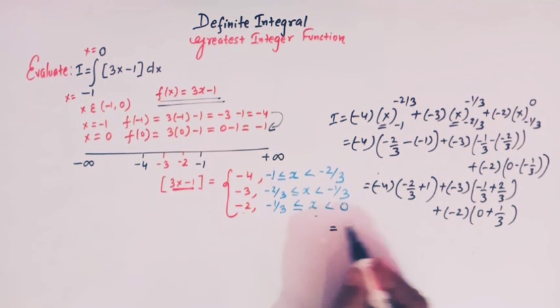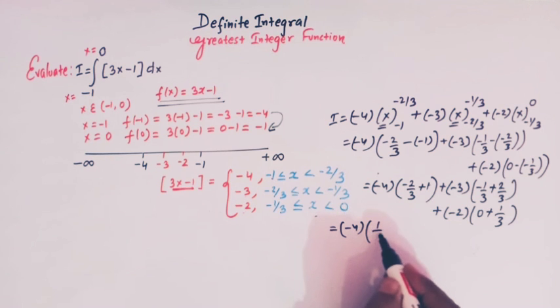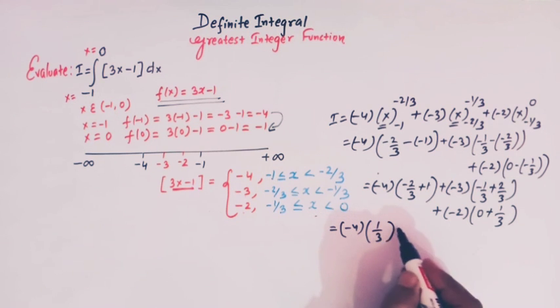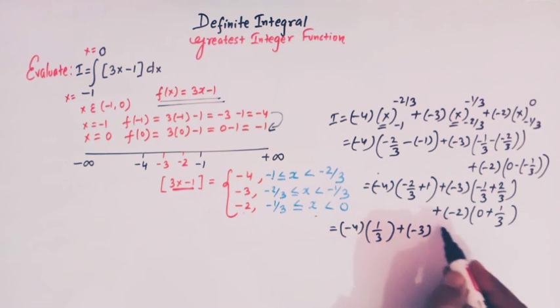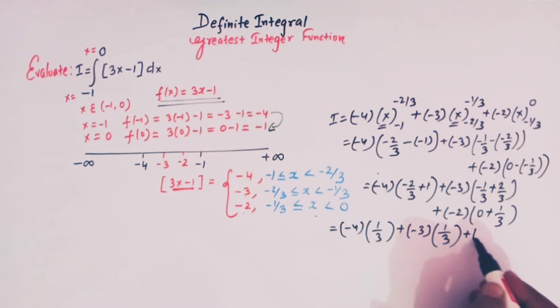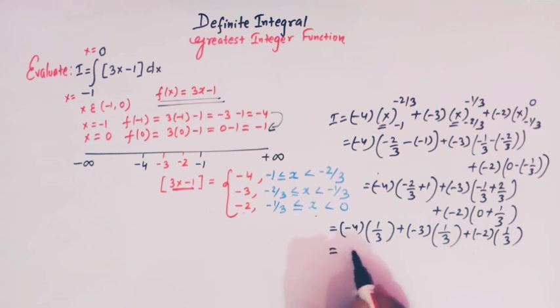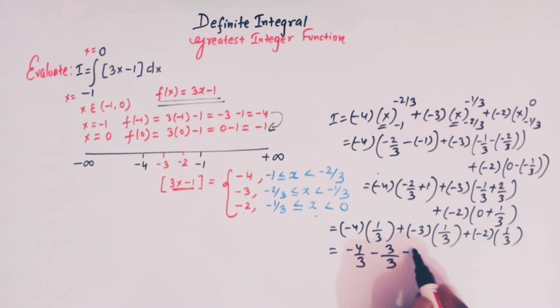So now we can easily simplify this expression. So we have minus 4, this is 3 minus 2, 1, so this is 1 over 3, here we have minus 3, and here we have 2 minus 1, 1 over 3, and here we have minus 2 and 1 over 3. So this is minus 4 over 3, this is minus 3 over 3, and this is minus 2 over 3, right?